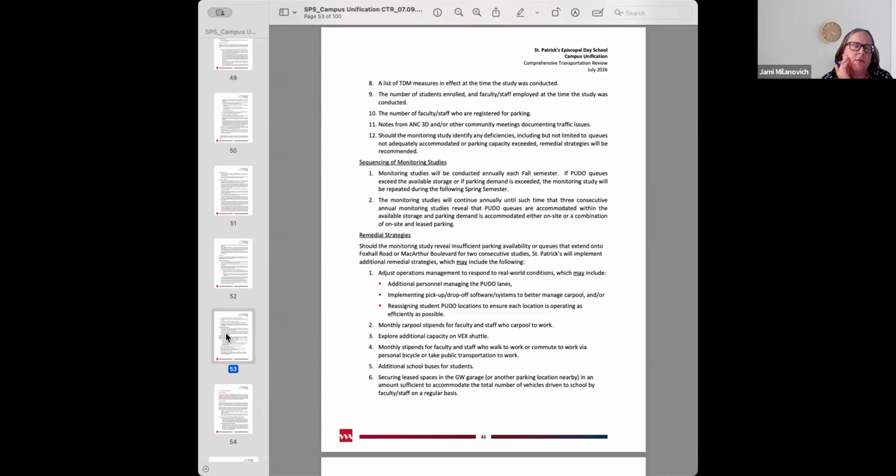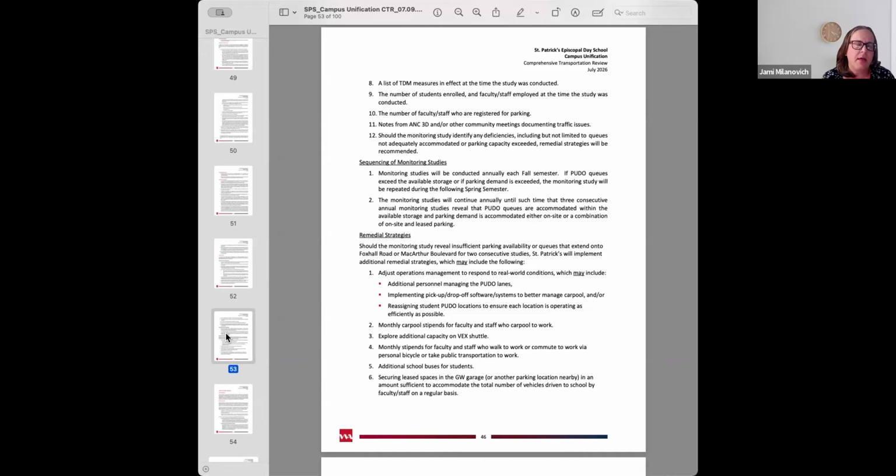I'd like to think about ways where we might be able to come up with some language that gives you the comfort level that you're seeking. And one of the things that we have in there is the quarterly meetings, where hopefully that's an opportunity for the community to come to St. Patrick's. Even if St. Pat's has successfully met those monitoring requirements for 3 years, they still continue to hold these quarterly meetings so that if a new issue crops up, they have an opportunity to address it.